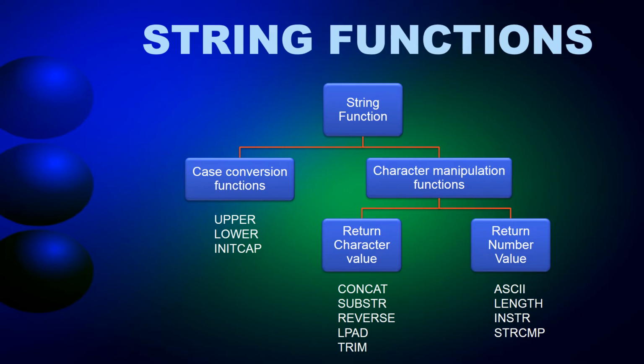A case conversion function is a function which converts the cases of the string data. A character manipulation function is further divided into two: return character value and return numerical value. Return character value returns the character value as the output, and the other type returns the numerical value as the output.